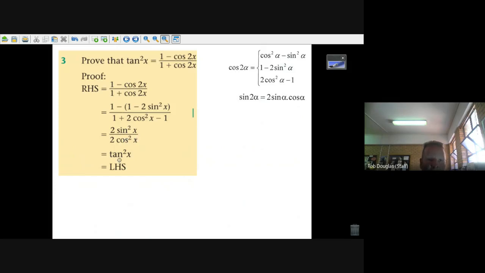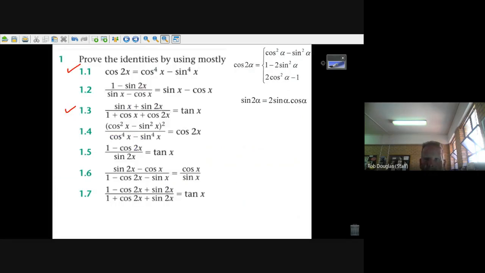Well, we know what that is. That's tan squared. And hey, that's the left-hand side. So on the right-hand side, we make two clever substitutions, and we simplify it, and then we see sine over cosine is equal to tan. And that's just an example of how these things work. There's lots of questions in the textbook. Those are the two that we started today.